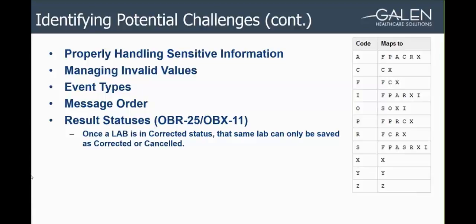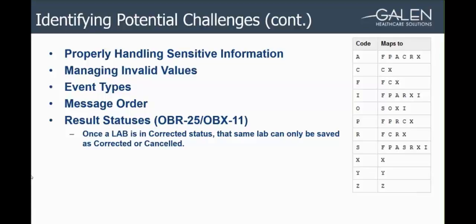Result statuses. Some systems have limitations to how documents can change statuses. Off to the right here, you'll see a list of result statuses for a lab. So let's say a lab result comes in with a result status of F, indicating that it's a final lab. But then we'll receive a message for that same result that's in a status of P, which stands for preliminary.